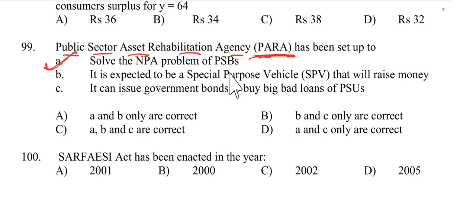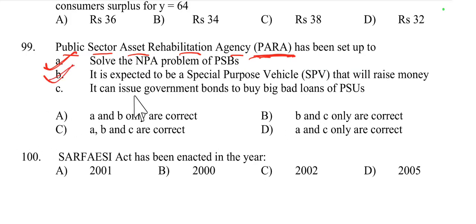So this is correct. Then option B, it is expected to be a special purpose vehicle that will raise money. Yes, PARA is set up as a special purpose vehicle to manage and resolve the NPAs, non-performing assets, and it will raise funds for this purpose. Option B is also correct.